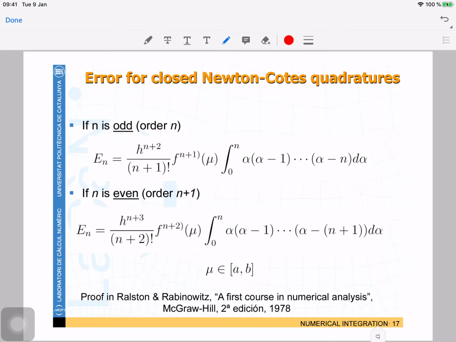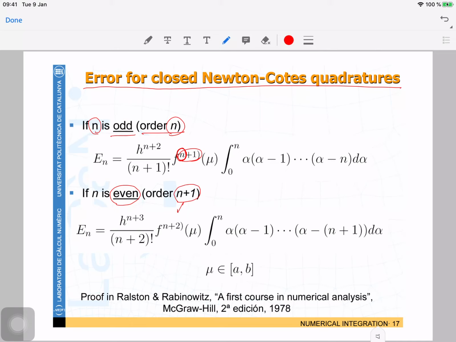In general, the error for closed Newton-Cotes quadratures depends on the choice of n. If n is odd, the order is the same, n. You see here that the order of derivative for f is n plus 1, and the order of the quadrature is n. But if n is even, then the order is 1 more, so it is n plus 1.